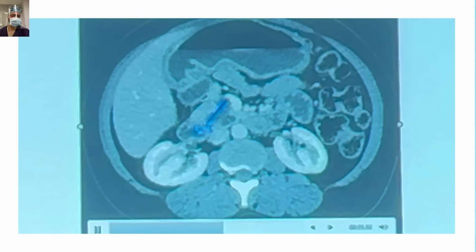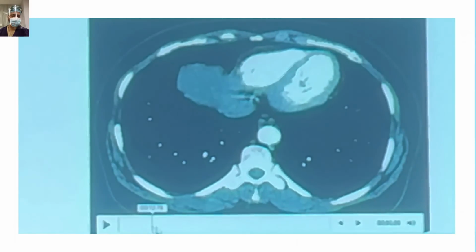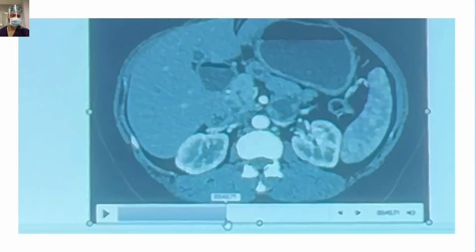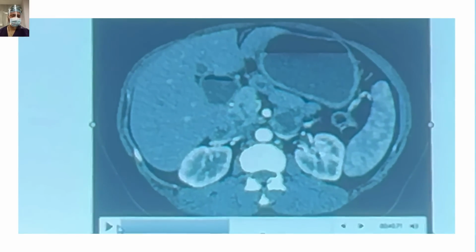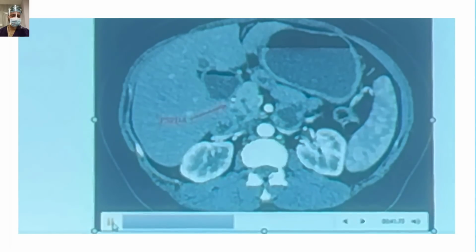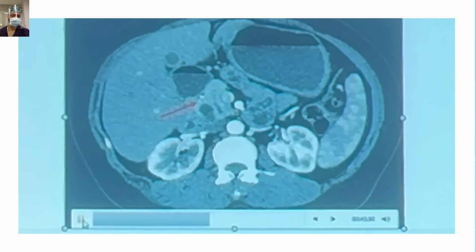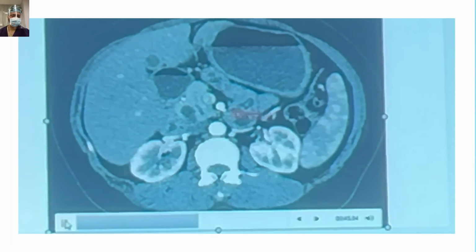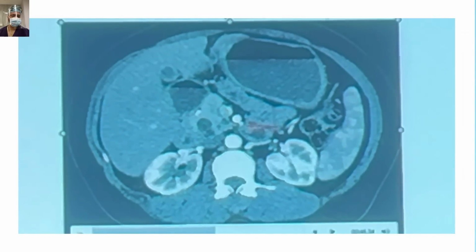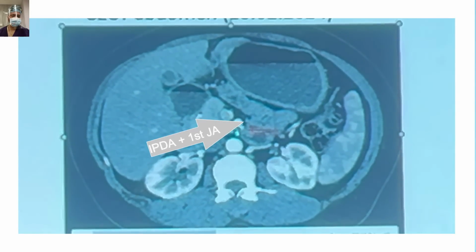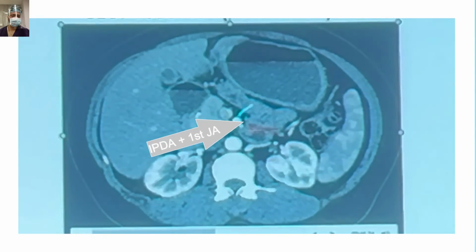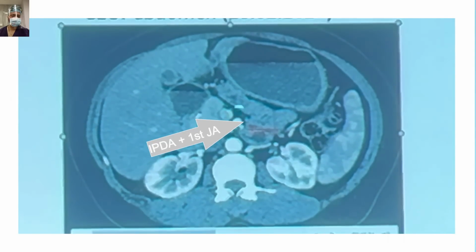Just below that is the second jejunal artery. Again, we will repeat the sequence so you can relate it better. That means while doing the uncinate approach and approaching the SMA, you will encounter this IPDA and the first jejunal as a common trunk, and just below there will be the second jejunal artery.